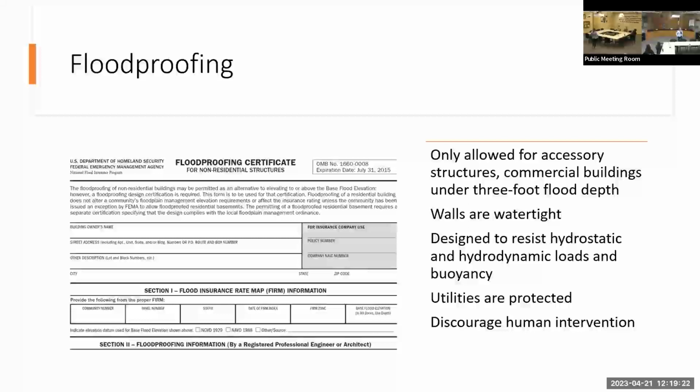Other requirements related to flood proofing, beyond the walls being watertight, we have to make sure your utilities, electric, are elevated above that flood level. We also have to make sure that you're being designed to resist those loads, the floodwater loads again.